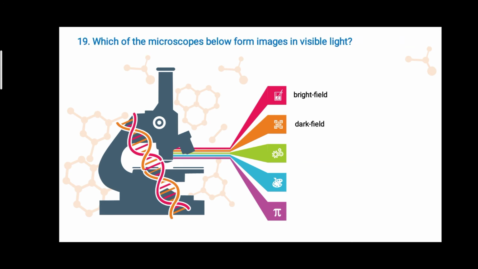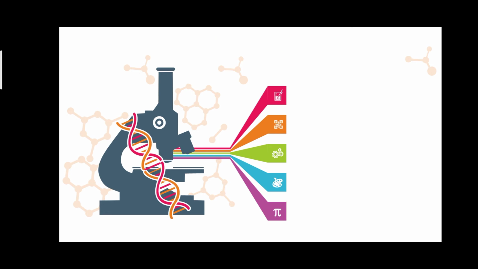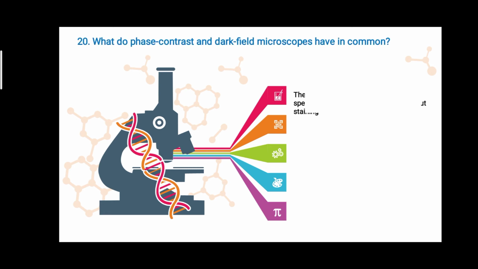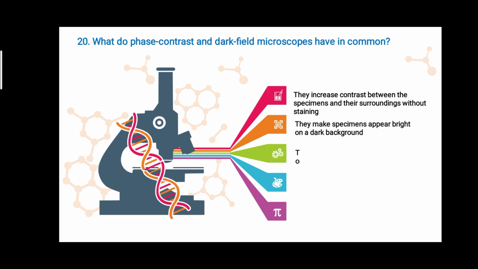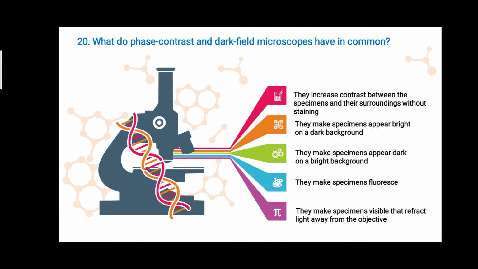Which of the microscopes below forms images in visible light? B and C, that is, dark field microscope and fluorescence microscope. What do phase contrast and dark field microscopes have in common?